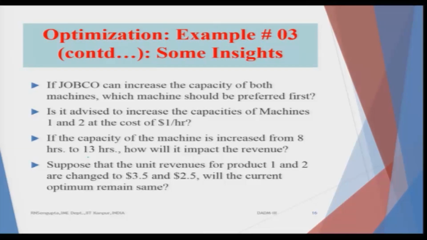So, we will consider how it can be done. If the capacity of the machine increases from 8 hours to 13 hours, how will it impact the revenue? If the capacity is changing, both constraints, machine 1 and machine 2, will shift parallelly by 5 units. Constraint 1 shifts 5 units, constraint 2 shifts 5 units, and both change by the same quantum.